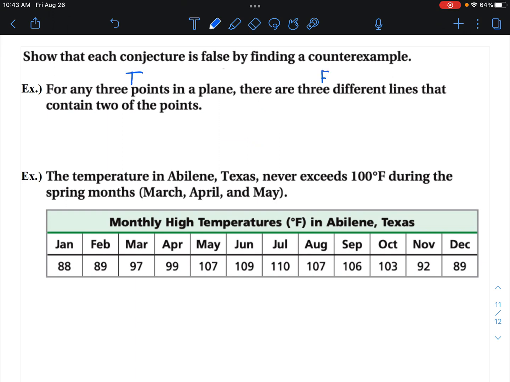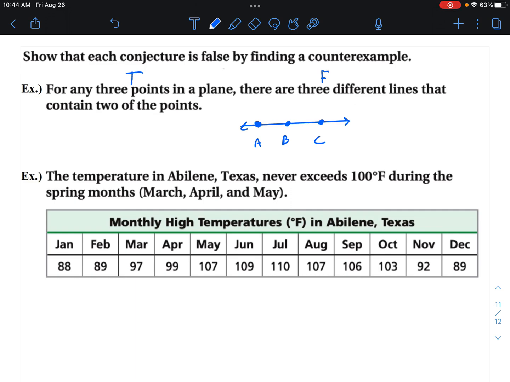I can show you an example where this is false. 3 different lines that contain 2 of the points, what if they are collinear? If they are collinear, there's only 1 line. There would not be 3 different lines, so that would be a counterexample to that.